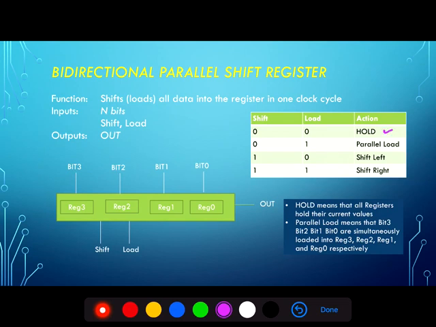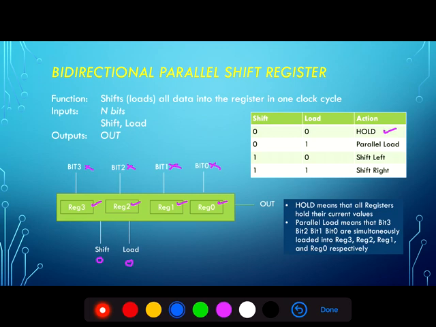In this example, the first is when shift and load are both 0. And in that situation, the 4 registers, register 3, 2, 1, and 0, hold their present values and ignore whatever the values of bit 3, bit 2, bit 1, and bit 0 are.